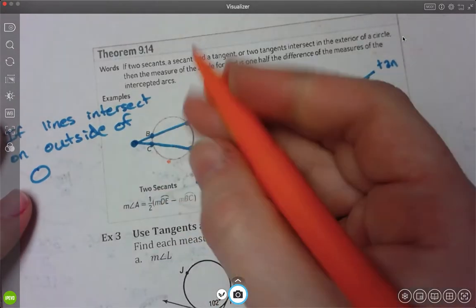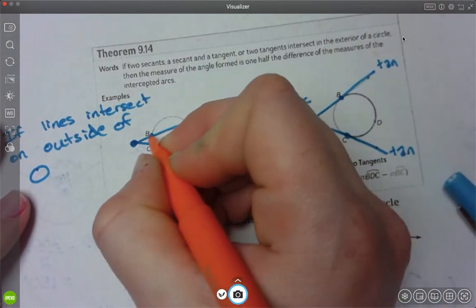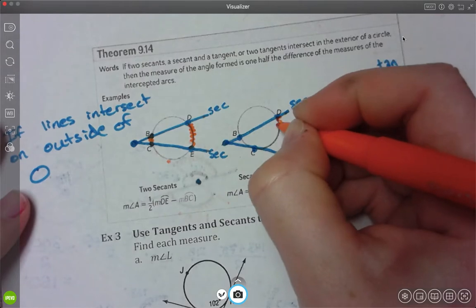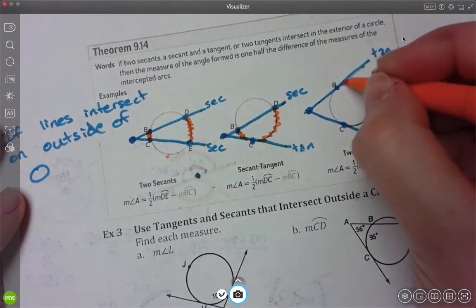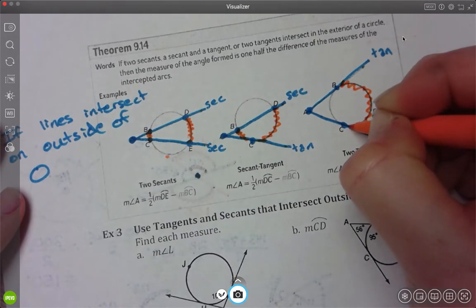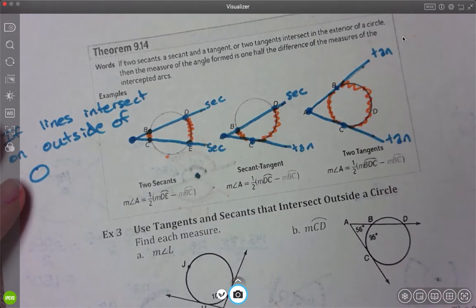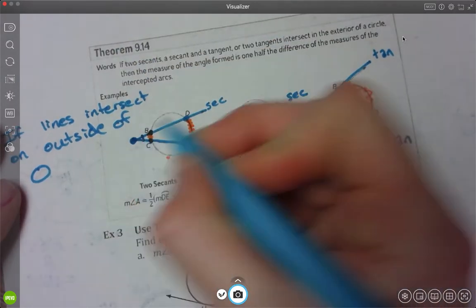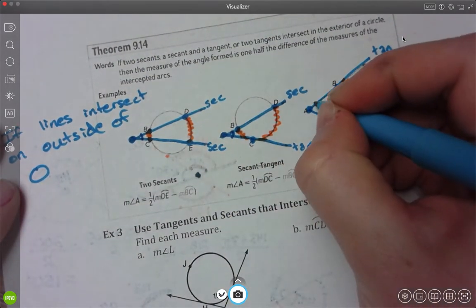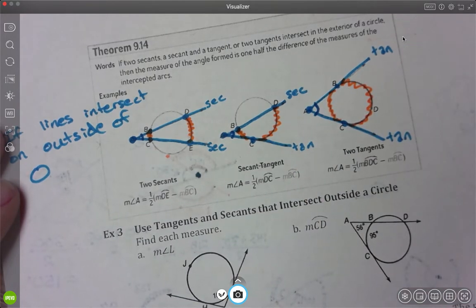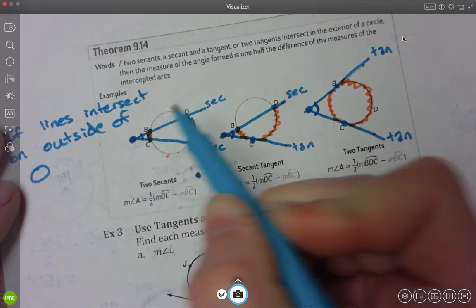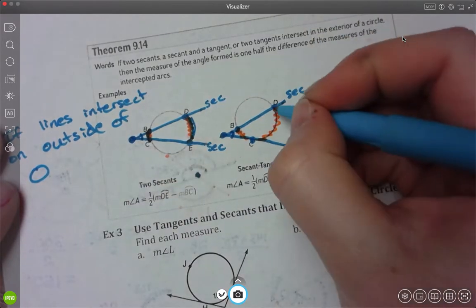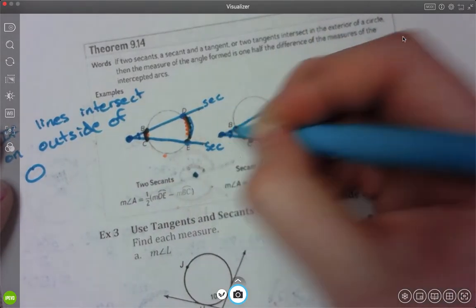We're looking at these two arcs here, arc DE and arc BC, and this arc here and this arc here. What you're going to do to find the measure of this angle, and that's what we're trying to find every time, the measure of this angle right here, is take the larger arc, this arc right here, and subtract this one, and divide by 2.